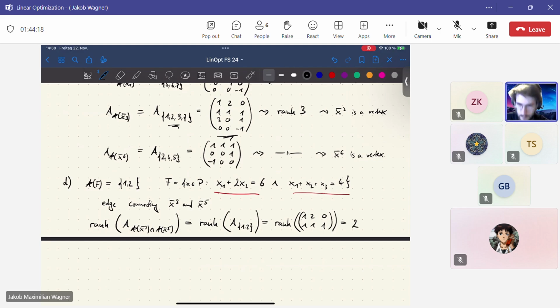This matrix has rank 2, which is the same as 3 minus 1. So we get that x3 bar and x5 bar are indeed neighboring vertices as we have defined it in the lecture.